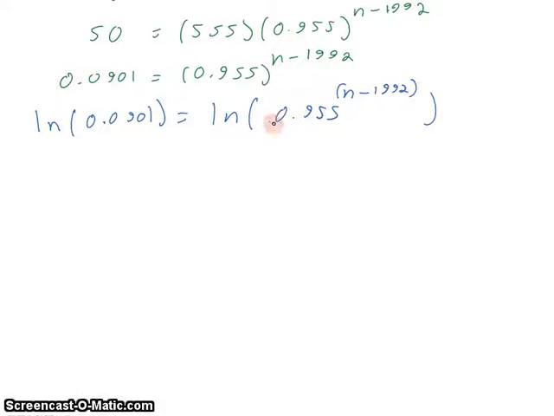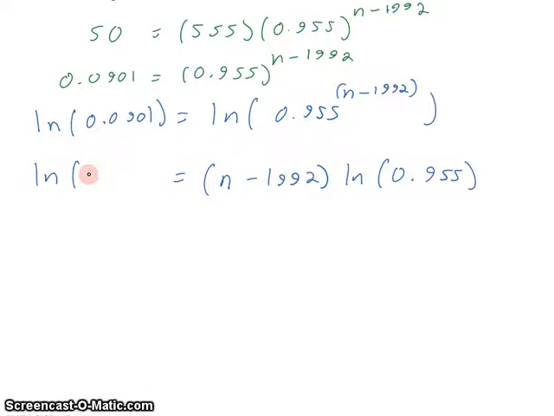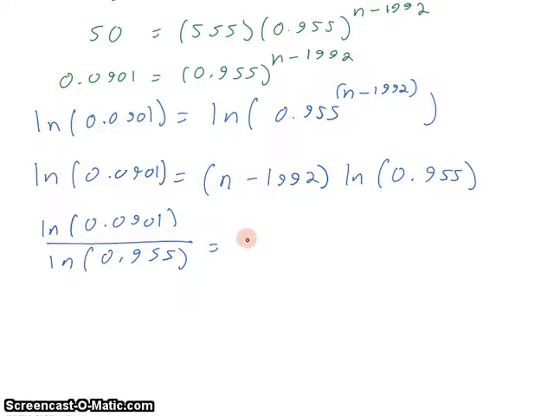I have a power inside of my natural log, so I can pull it out. n take 1992 times the natural log of 0.955 is still equal to the natural log of 0.0901. Now I can divide by the natural log of 0.955. This gives me the natural log of 0.0901 divided by the natural log of 0.955. That's equal to n take 1992.